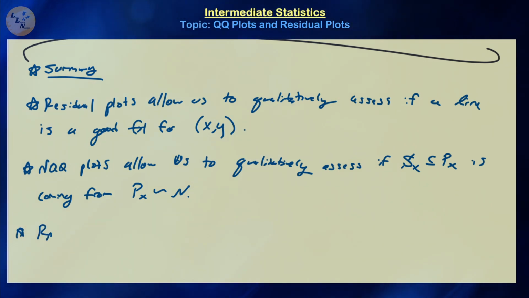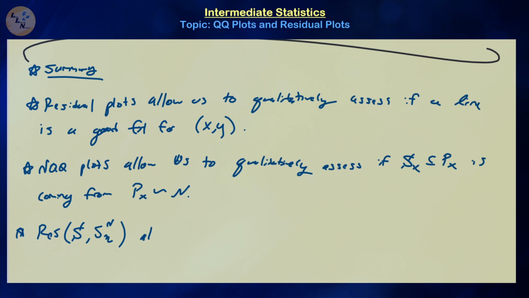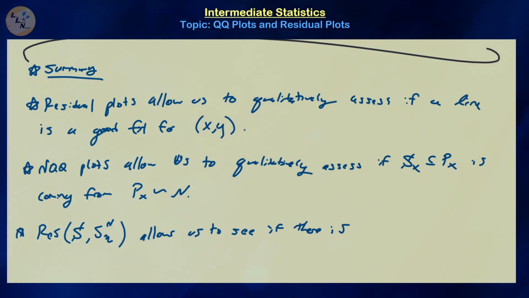And the residual plot for S and our normally distributed data set of size N allows us to see if there is not only a normal distribution that is associated to the data set, but any distribution moreover.